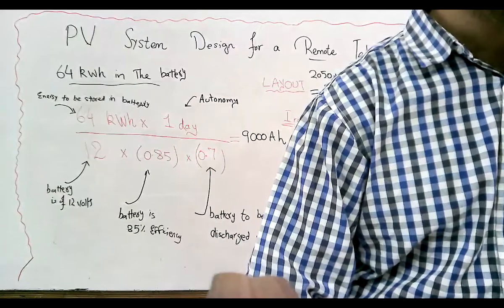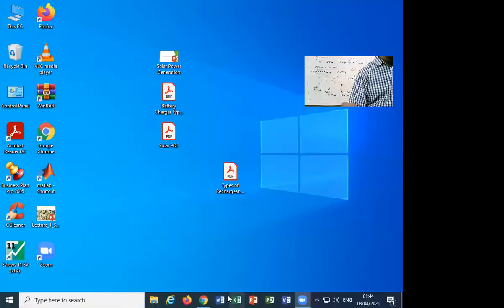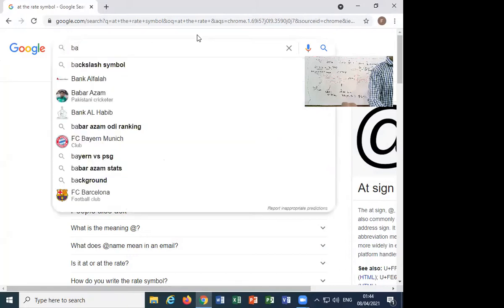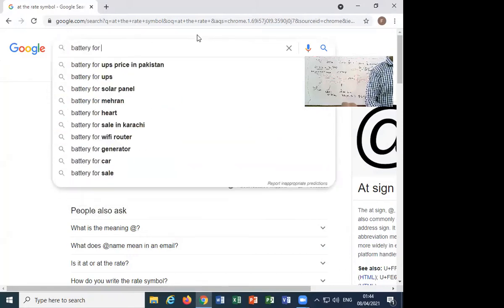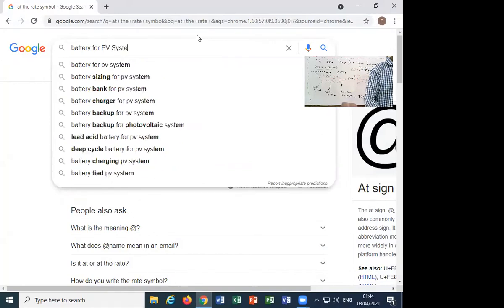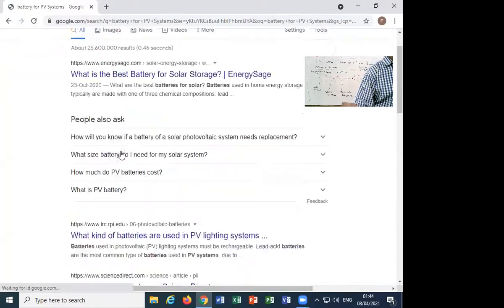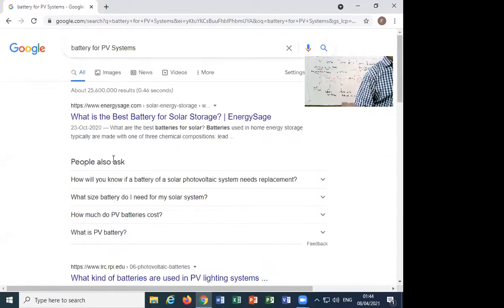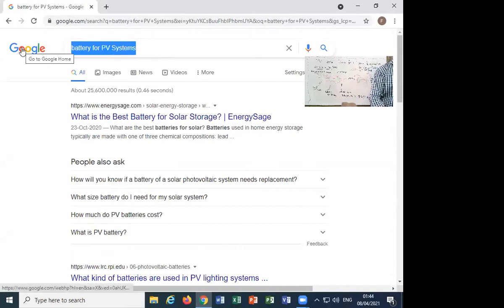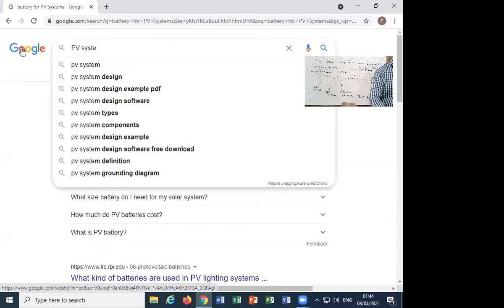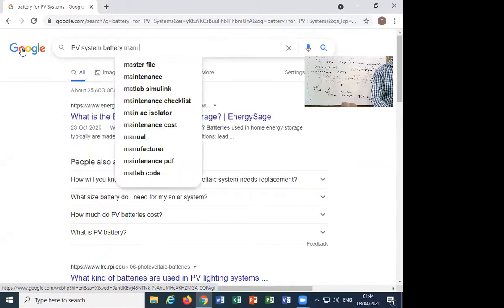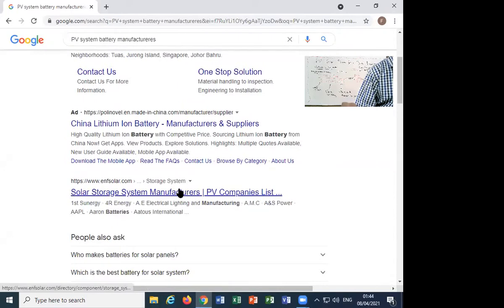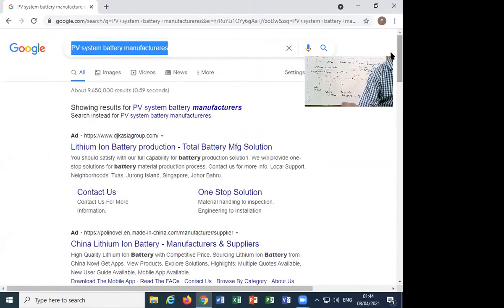Let me share my screen with you, and look for the batteries. Let's search this way.